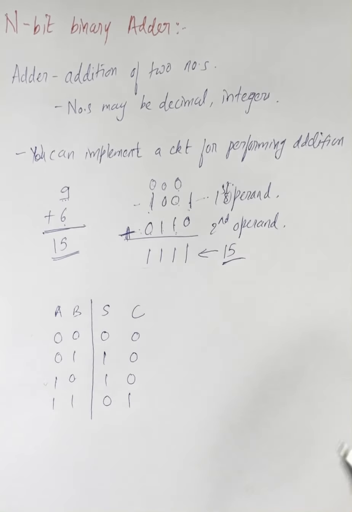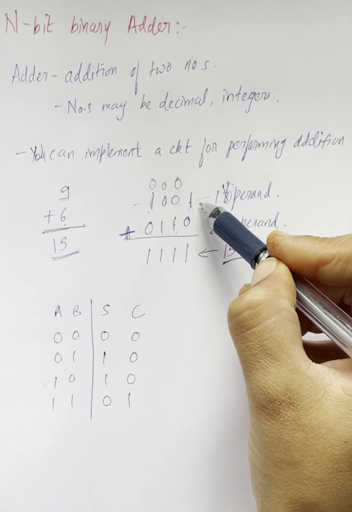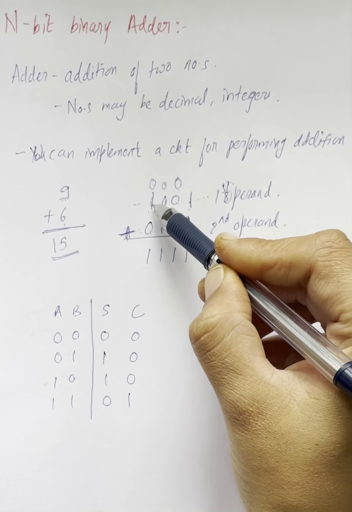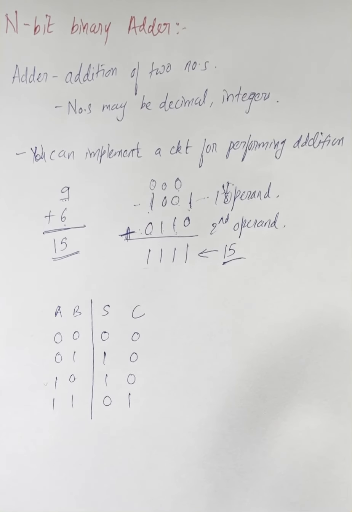So that is what the n-bit binary adder is. I hope you understood why it is called an n-bit binary adder, since we performed addition of n number of bits and that number is a binary bit, so that's why it is called an n-bit binary adder.